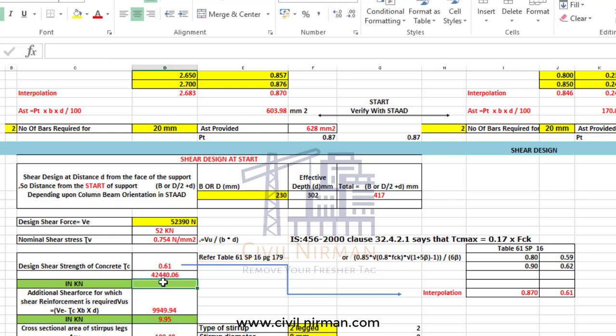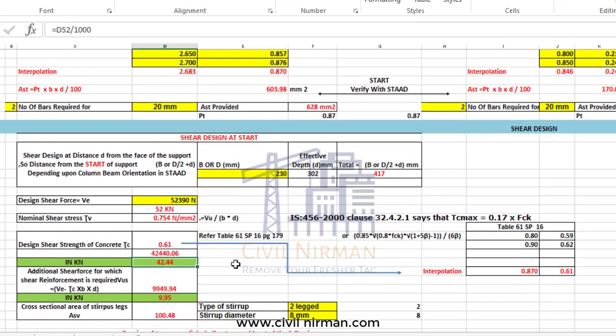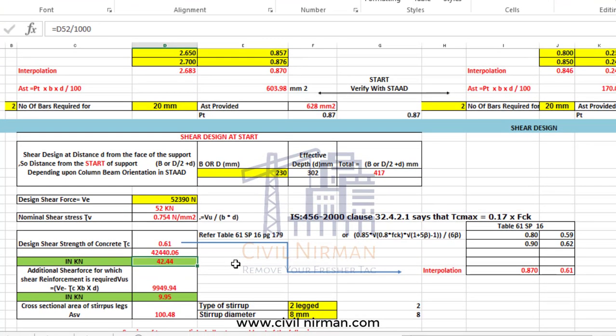I just divide this value by 1000, right? So you can observe your actual shear force is 52 kilonewton while the section capacity is 42.44, which is less than the actual shear force. That means you require some amount of additional reinforcement to resist your shear.